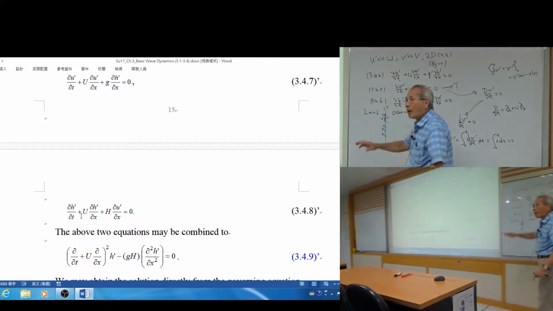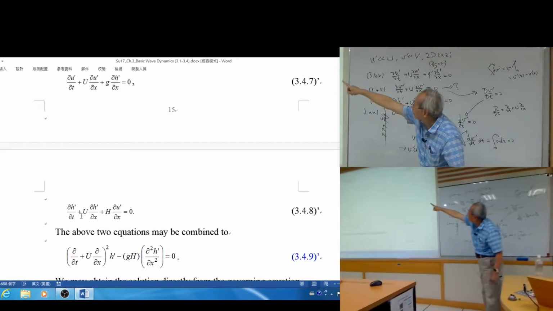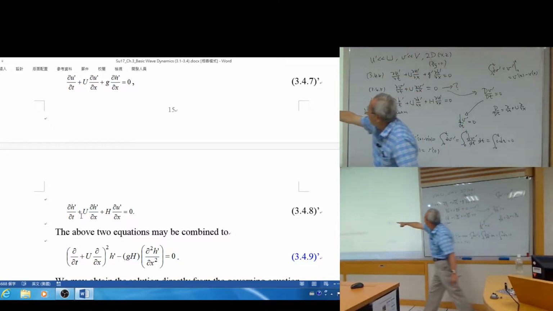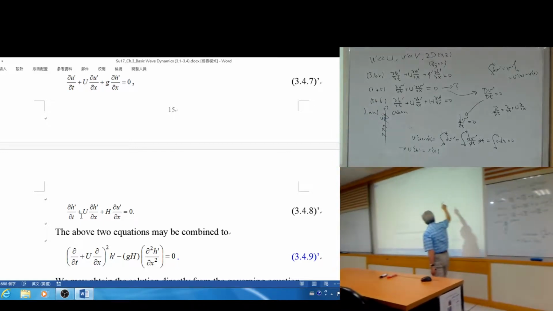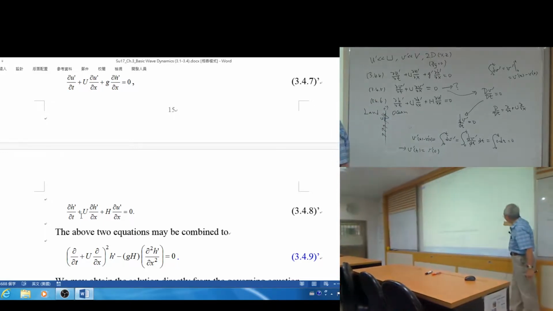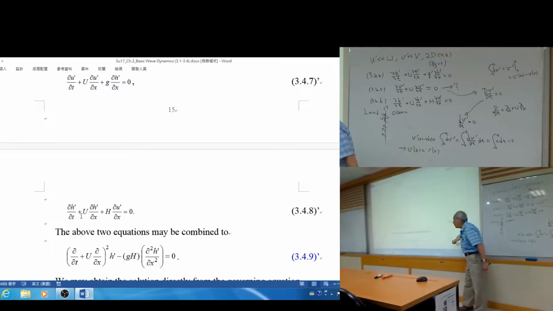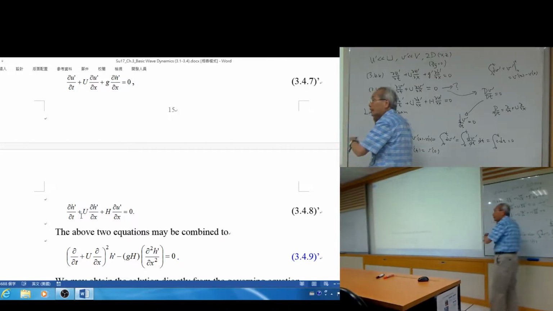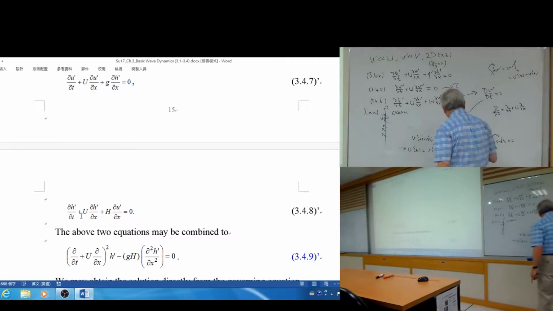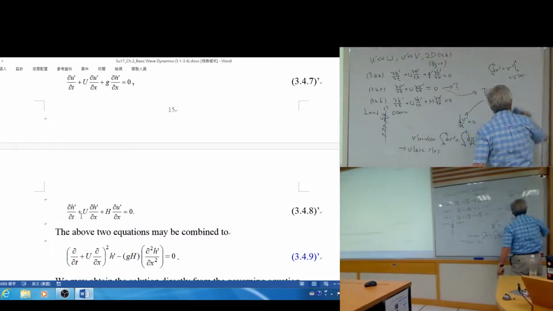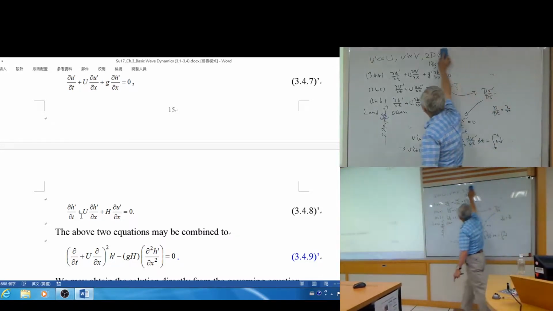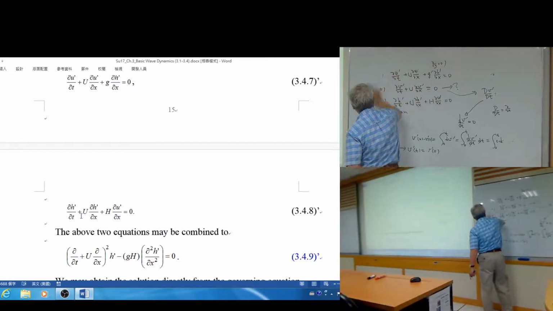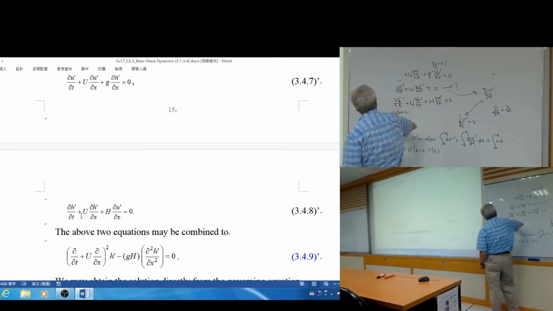And how many have derived this equation from these two, 3.4.7 prime and 3.4.8 prime, to 3.4.9 prime? No? Maybe we should put that into homework. It's pretty easy, right? I'm not going to go through it because that will take too much time. Maybe you can do it at home.